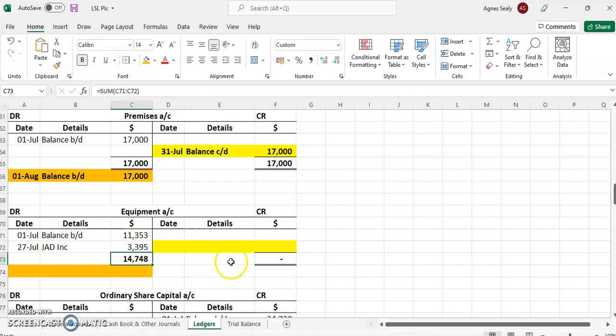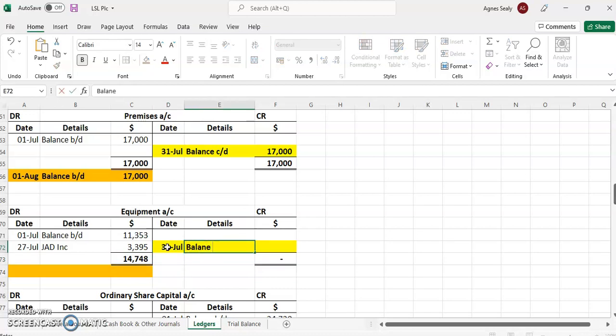So therefore, there was no sale of equipment. So therefore, at the end of July, the balance carried on for equipment is $14,748.